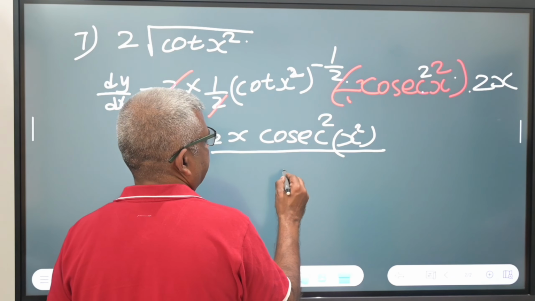That's all. Question number 9 is very simple. Not 9, question number 8. Okay. Thank you for watching my videos.